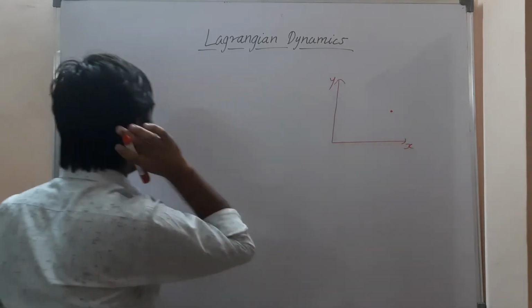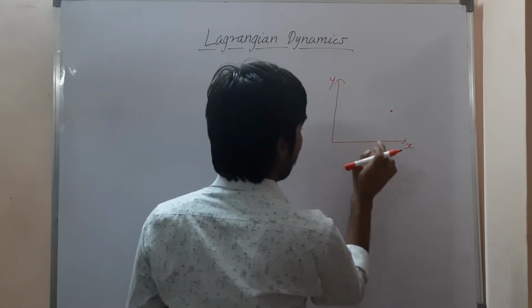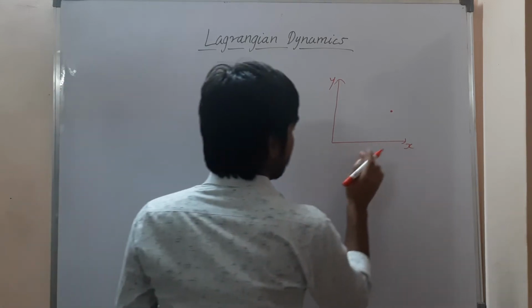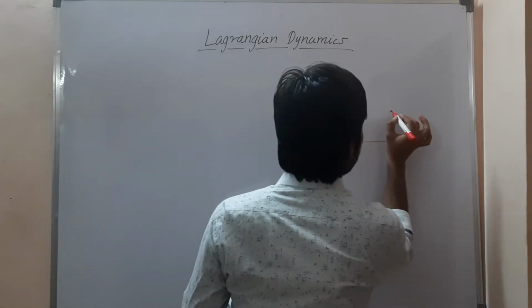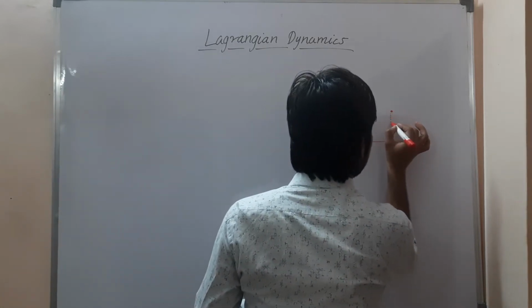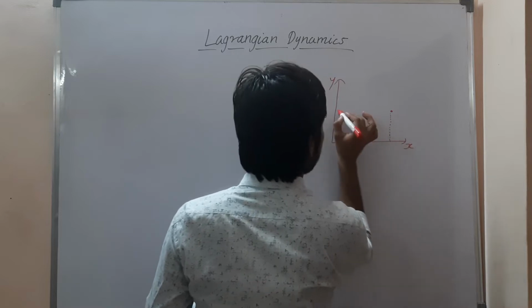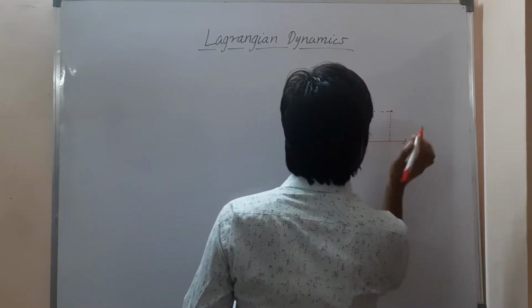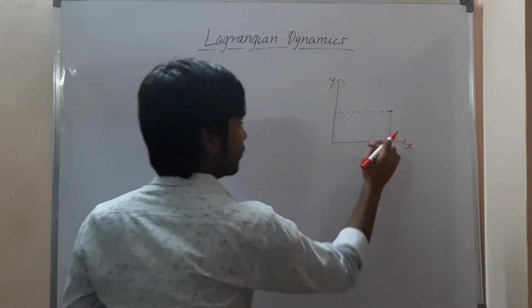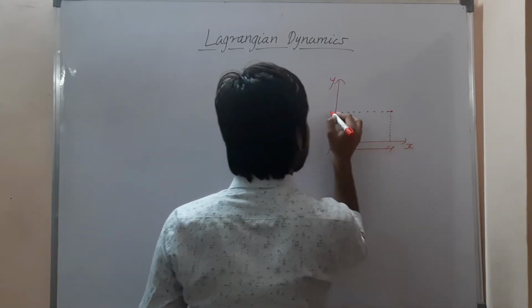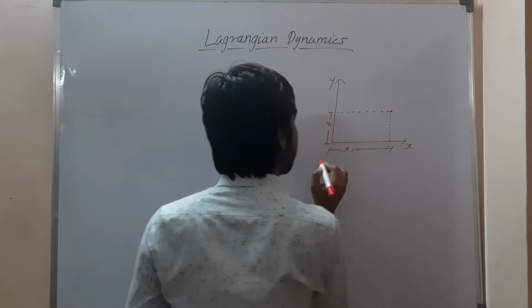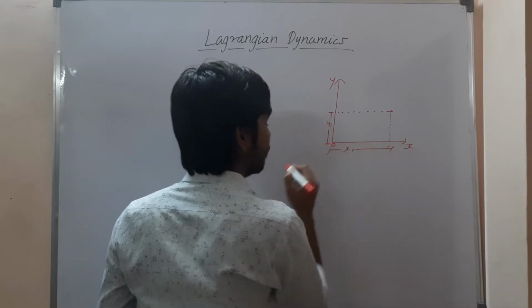So in 2D, if I want to show a rectangular coordinate system, how can I show this position? For that we draw a perpendicular on this axis and a perpendicular on this axis, giving the y coordinate and the x coordinate. Let me take this as the x1 direction and this one as the y1 direction, and this is our origin 0.